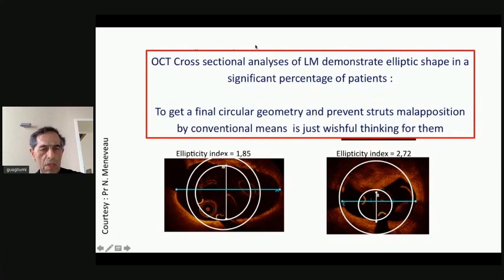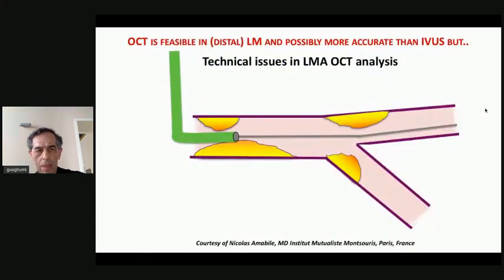So the first message is: OCT cross-sectional analysis of the left main demonstrates an elliptic shape in a significant percentage of patients. To get a final circular geometry and prevent malposition by conventional means is just wishful thinking. So do it pre, not just limiting your use of imaging to the post.